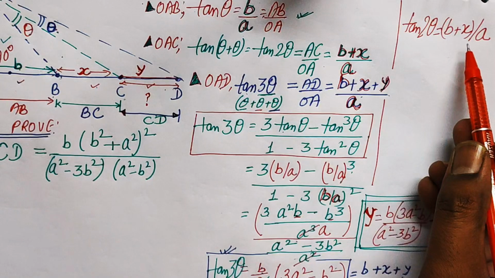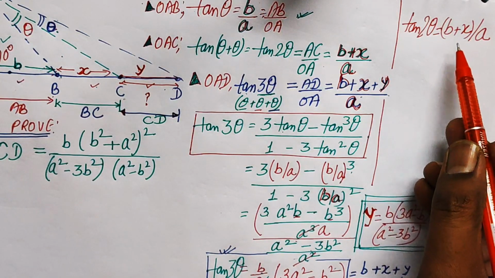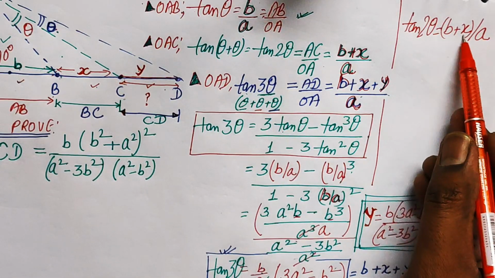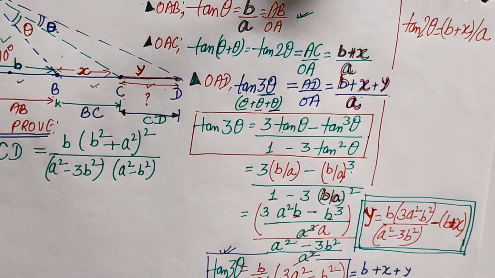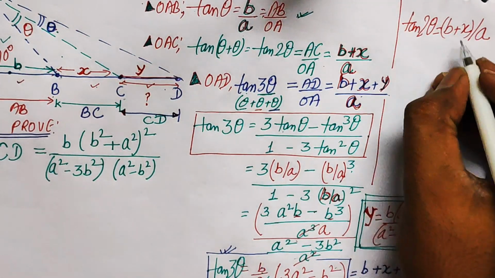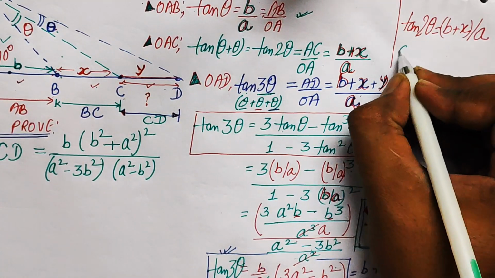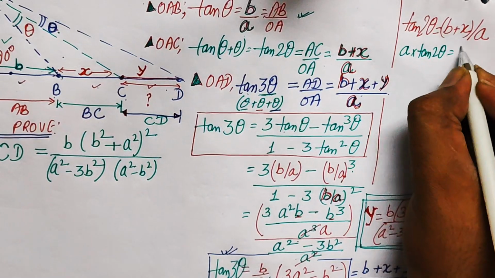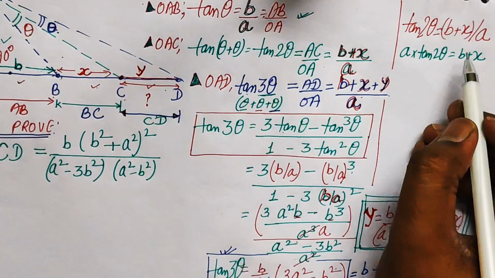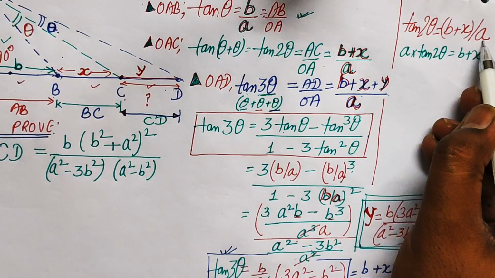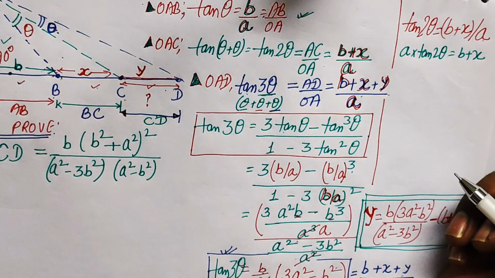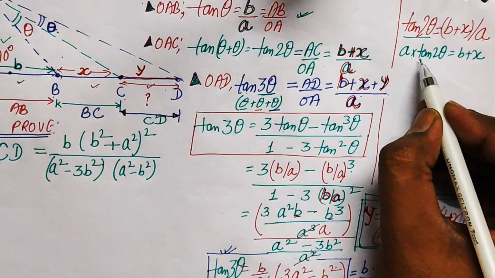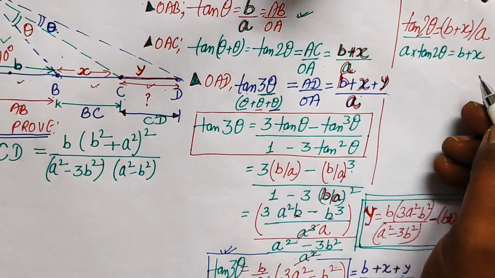Now, since tan 2 theta equals (b plus x) by a, we just put up the value of b plus x. How? Can't we write a into tan 2 theta is equal to b plus x? Simply multiplying the denominator of the RHS into the LHS numerator. So this will give you a multiplied with tan 2 theta, and this is equal to b plus x, right?